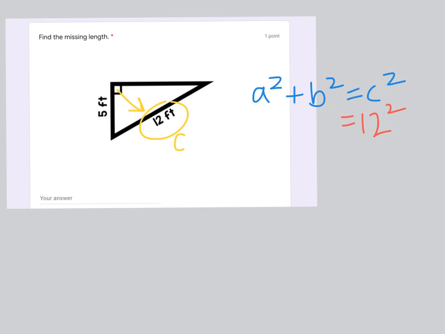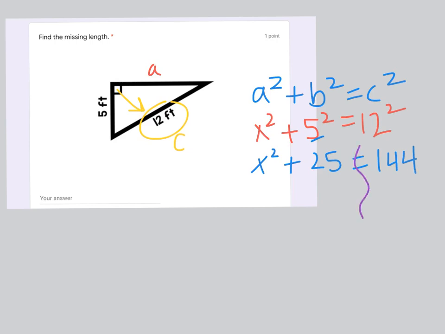We don't know what a is, so we can either put a squared here or x squared, and then we'll put the 5 here under the b. Then you would continue to solve, so x squared, we just bring that down, and then 5 times 5 is 25, and 12 squared, or 12 times 12, is 144.